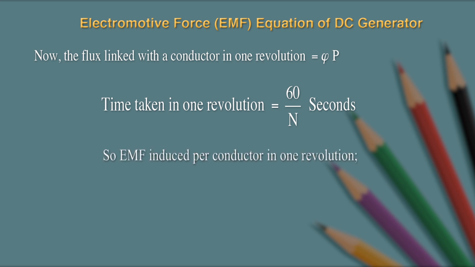The EMF induced per conductor in one revolution can be found as follows: E equal to d phi over dt. The value of phi is P into phi, and time is 60 upon N. So, you can write E equal to P phi upon 60 upon N, or E equal to P phi N upon 60.